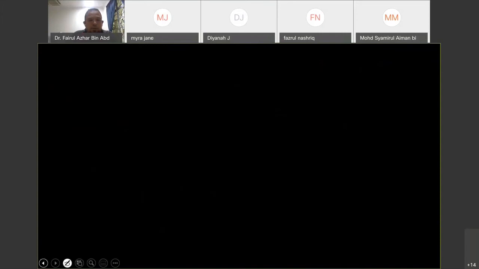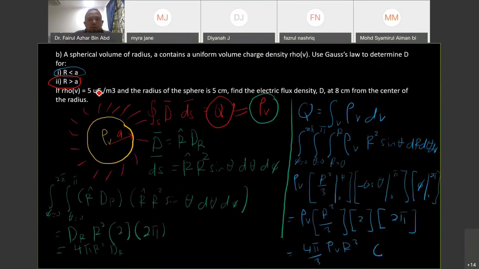Okay, for question B, if rho v is equal to 5 microcoulomb per meter cubed, and the radius of the sphere is 5 centimeter, find the electric flux density at 8 centimeter from the center of the sphere. So this one is based on whatever we have here. We just put all the parameters that we know inside that equation.